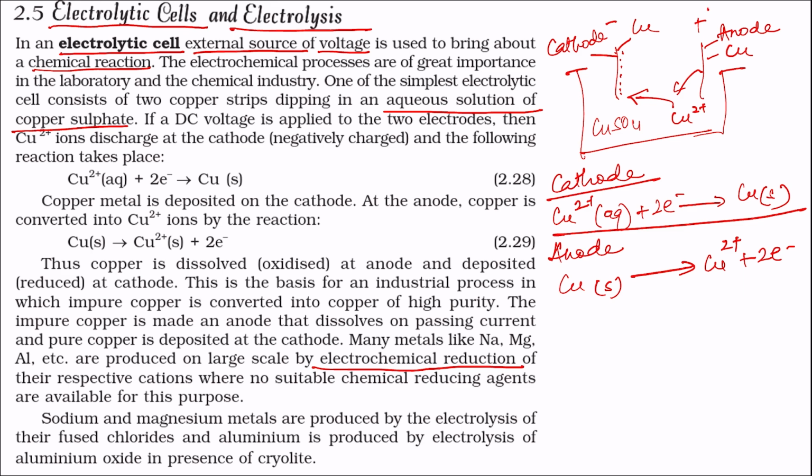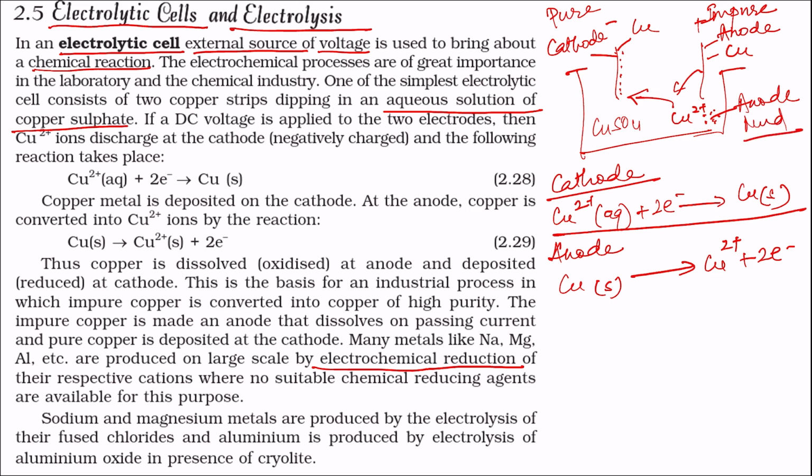So if the anode is made of impure copper and the cathode is of pure copper, then what happens? All the copper from the anode gets deposited at the cathode, leaving behind the impurities near the anode, and these impurities collect below the anode as anode mud.